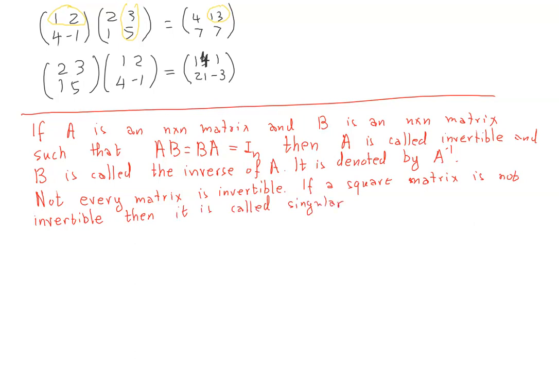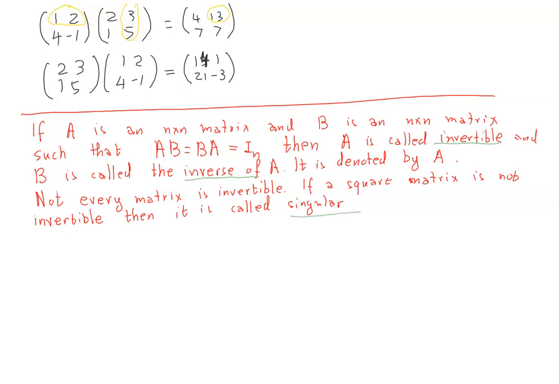So we have quite a bit of terminology here. Let's try again. So we talked about invertible matrices, about the inverse of a matrix, square matrix, not squared, square matrix, and singular matrices.